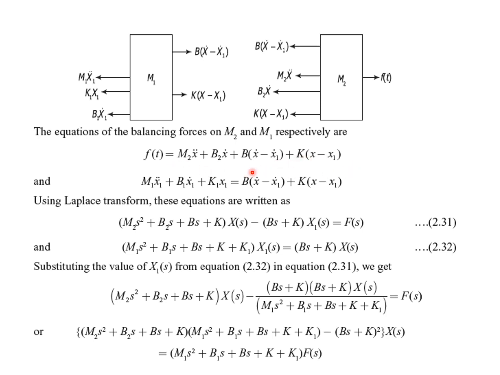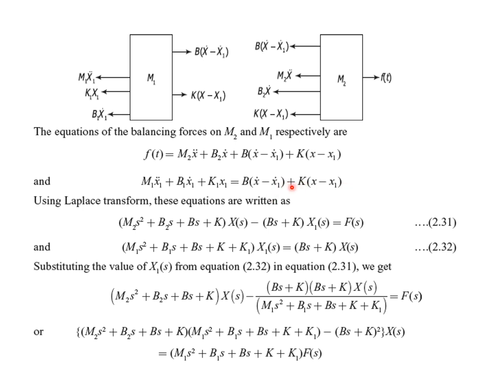So these are the elements connected to mass m2. Similarly, with respect to mass m1, it is m1 d²x1/dt² plus b1 dx1/dt plus k1 x1 equal to b(dx/dt − dx1/dt) plus k(x − x1).